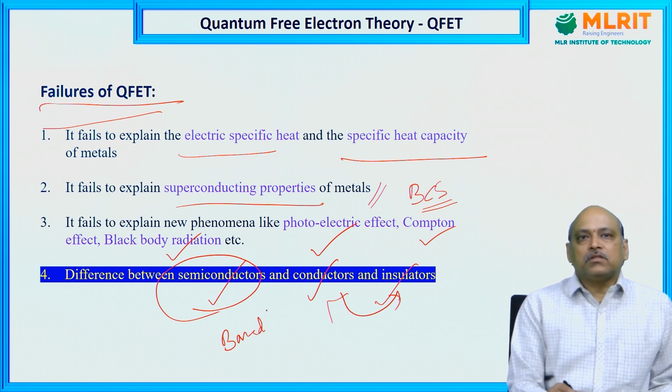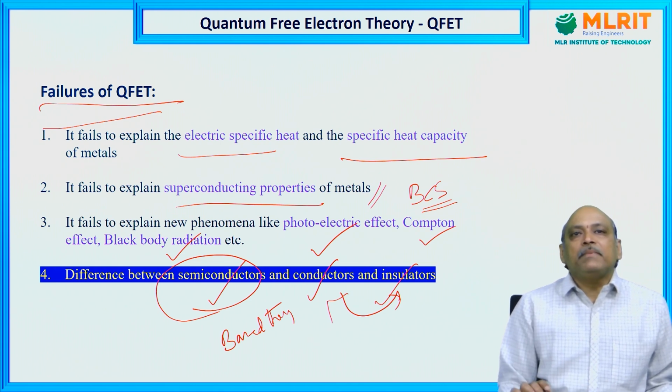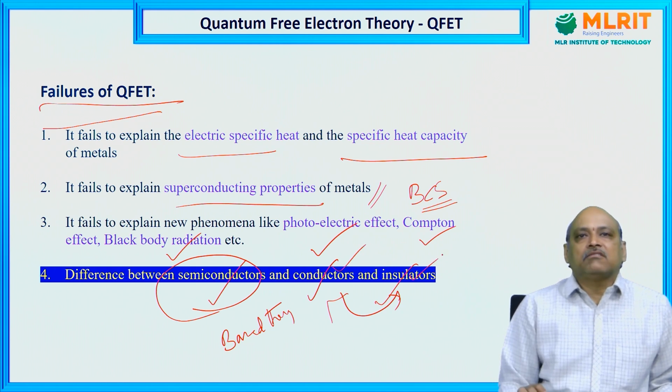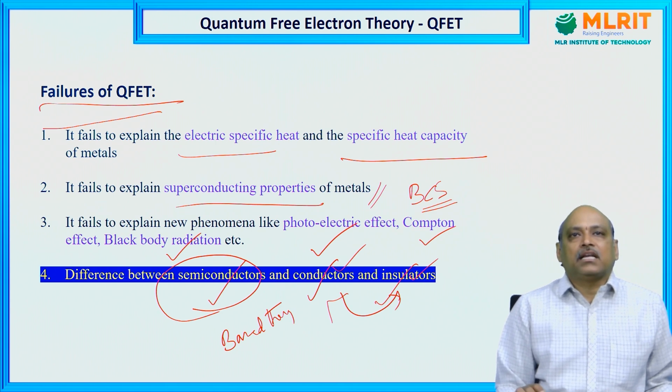Band theory is used to classify materials into three different types. So this theory cannot be used to explain the electrical conductivity of semiconductors, but the electrical conductivity of conductors and insulators can be explained successfully. So this is about the failures of quantum free electron theory.